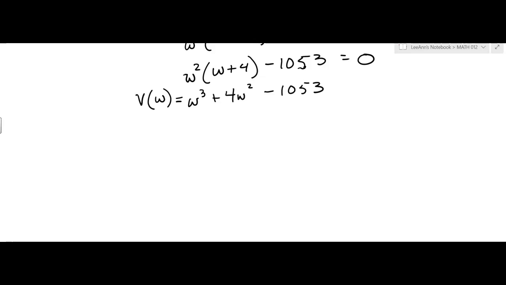So up to this point, we were just doing a word problem. We knew it was a rectangular solid, we knew length, width, and height, and we knew that we wanted the volume to be 351 cubic inches. Okay, so we did some work with that, some algebra, and we come up with this function. Now we want to find a 0 for that function.